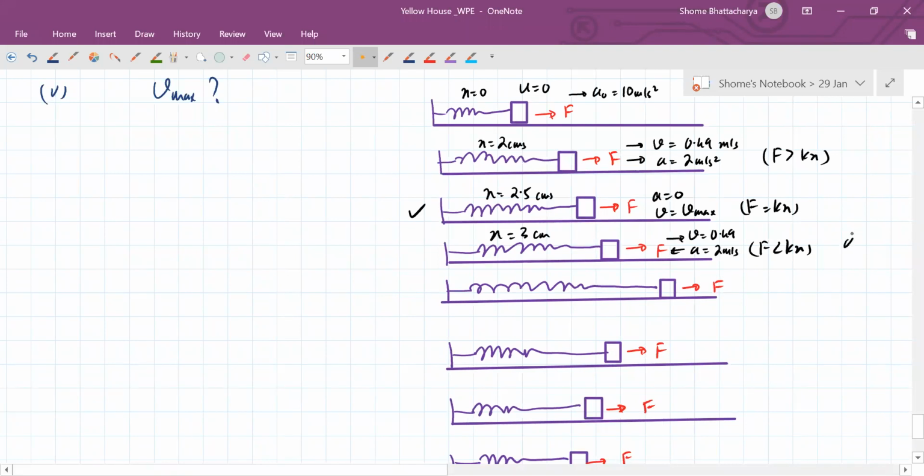Okay. Here it was a deceleration. Here it was an acceleration. Here it was accelerating. Okay. And so much so that by the time it reaches x equal to 5 centimeters, okay, v becomes 0. So x becomes maximum. But also it has the maximum deceleration.